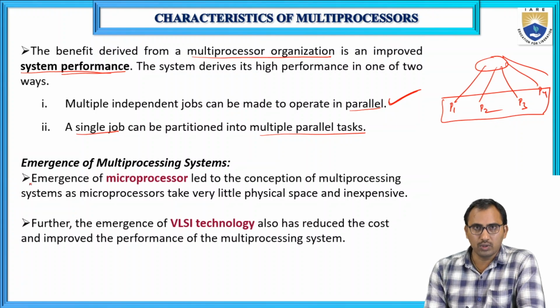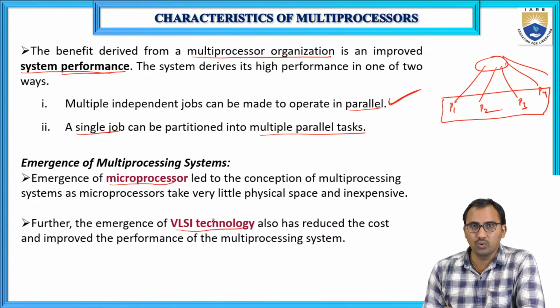Let's have a glance at the emergence of multiprocessing systems. The main reasons for the emergence of multiprocessor systems nowadays are two: one is the emergence of microprocessors, and the other is the emergence of VLSI technology.